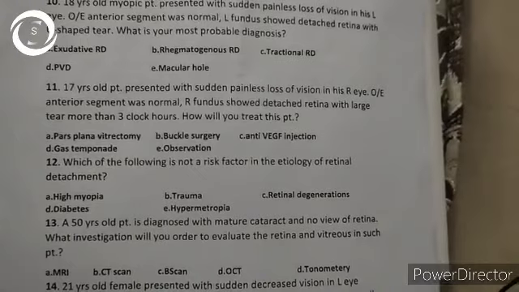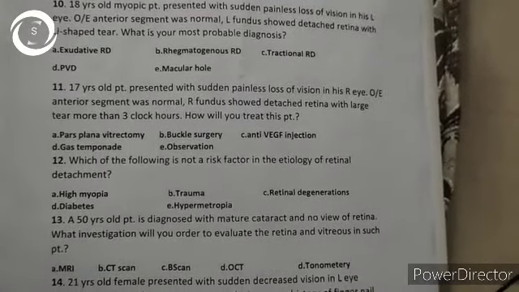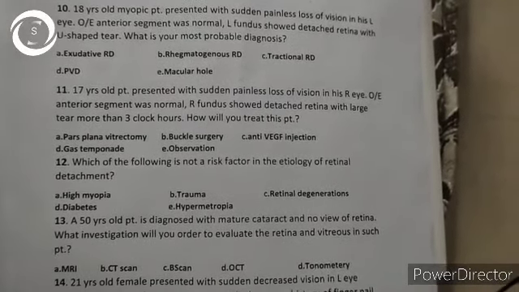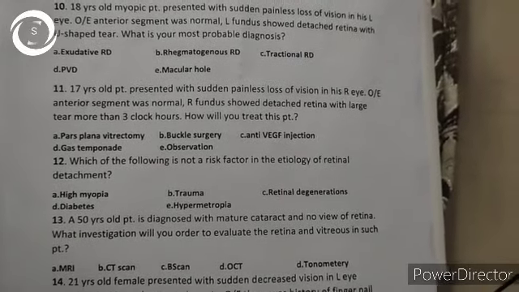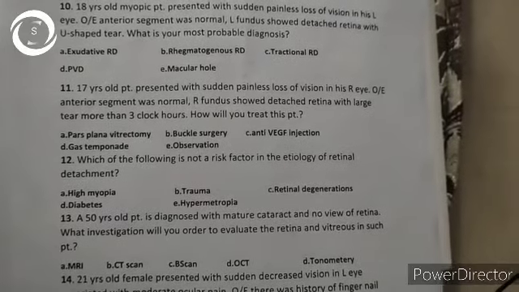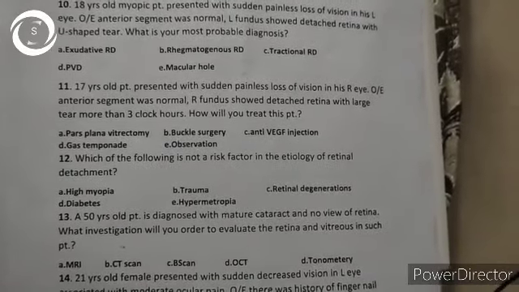Then question number 12, which of the following is not a risk factor in the etiology of retinal detachment? Now in high myopes, we have already discussed the 18-year-old myopic patient in question number 10 who has got retinal detachment. So high myopia is a risk factor for retinal detachment. Then trauma, definitely trauma can detach. Trauma can cause rhegmatogenous retinal detachment.